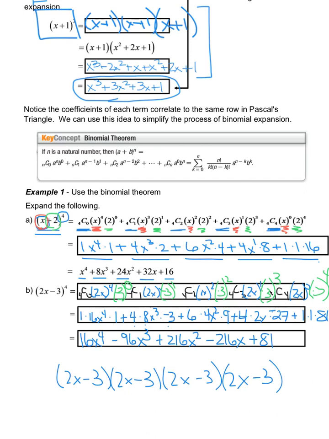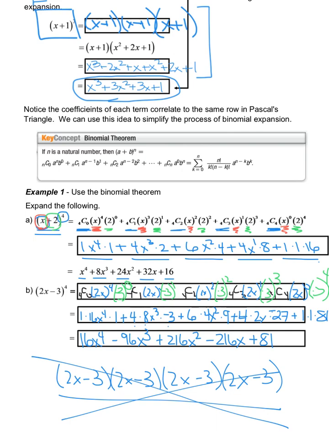But if I give you something to say the 6th or 7th power, all of a sudden this method we used back in chapter 6 is no longer effective. All right? So really hone in on using binomial theorem to shorten the process, because I guarantee you I'm not going to give you a degree 3 or degree 4 on your test.